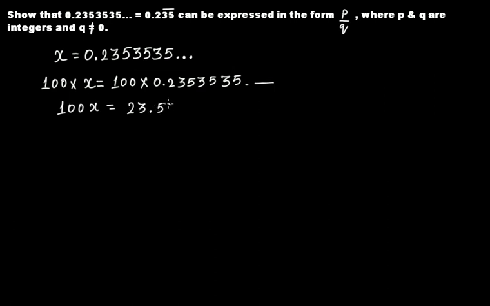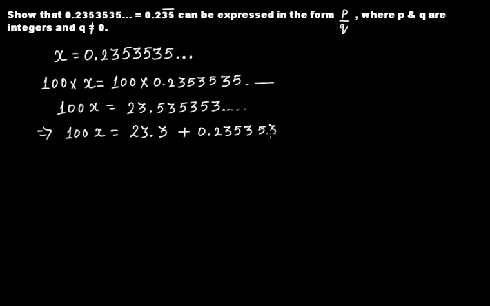3535 and so on. This can be rewritten as 100x is equal to 23.3 plus 0.2353535 and so on. How?